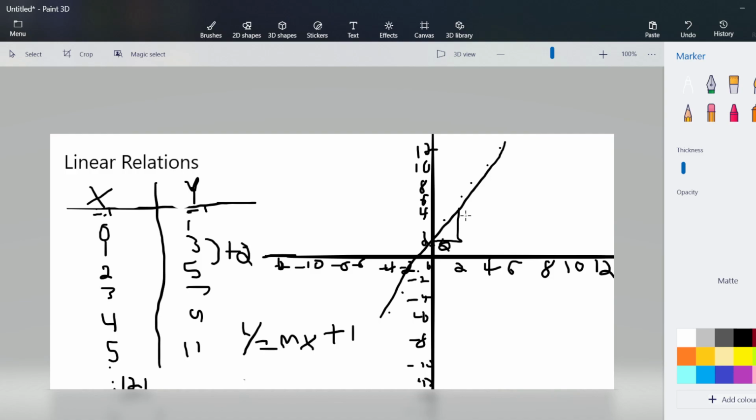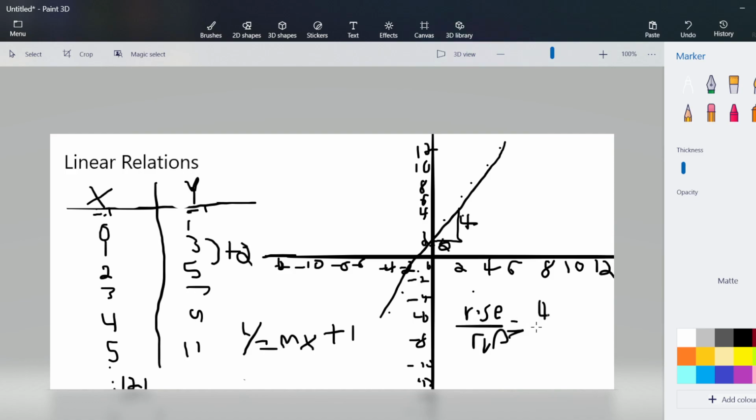So this would be 4, because it starts at 1 and we know it ends at 5. So 5 minus 1 is 4, so our height is 4. What we do now is called rise over run, which is getting the height and dividing that by the base, which gives us our slope.